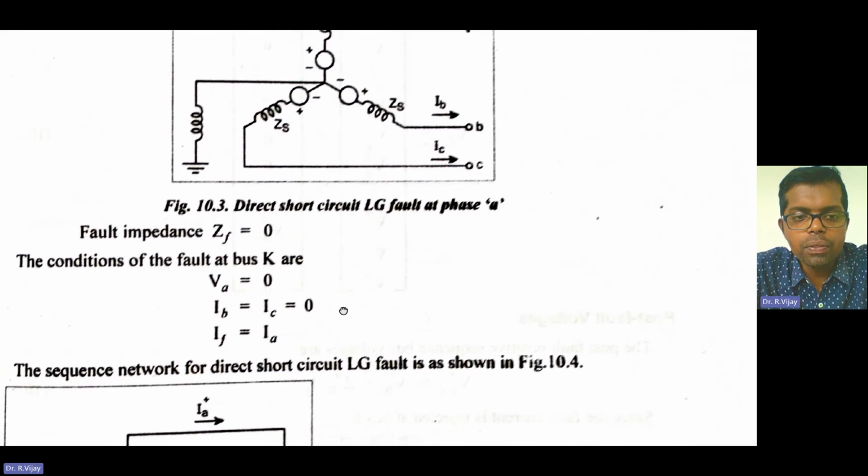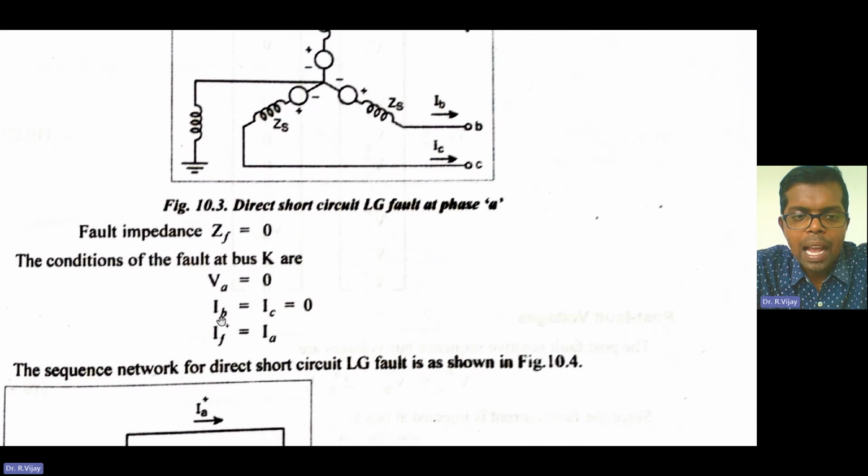The conditions of the fault at bus A are VA is equal to 0, IB is equal to IC is equal to 0, and the fault current is equal to the line current IA.